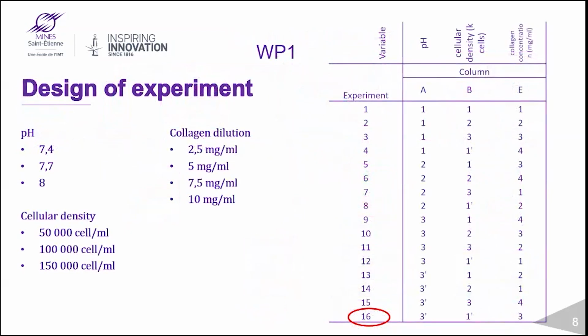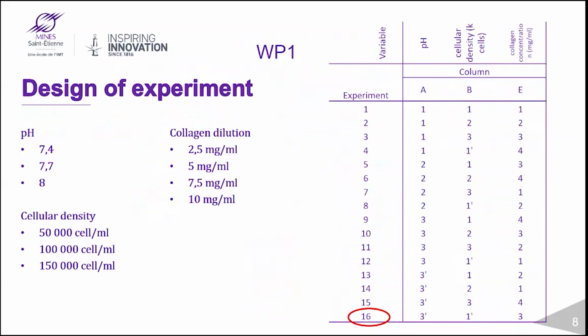In designing the hydrogel, we varied the pH with 3 different values within the in vivo range. We tried collagen dilutions of 2.5 to 10 milligrams per milliliter. And we also seeded the hydrogel with 3 different densities to see the impact of the initial cell population on the behavior of the overall population.